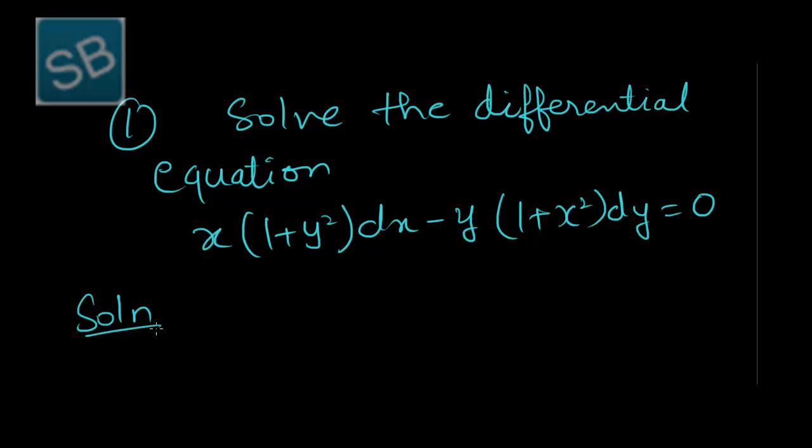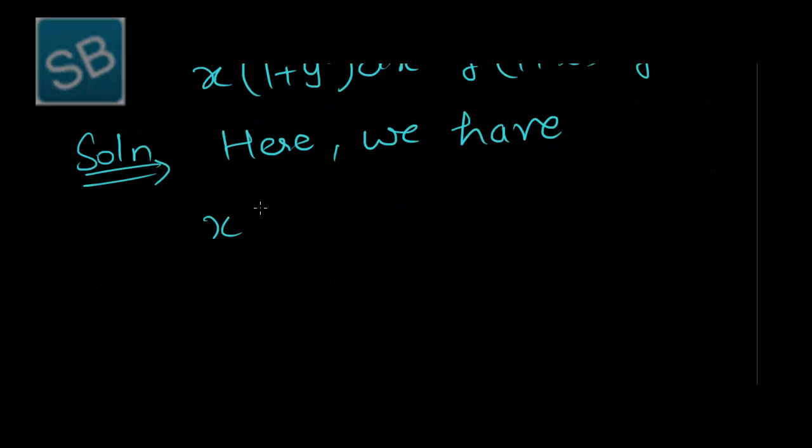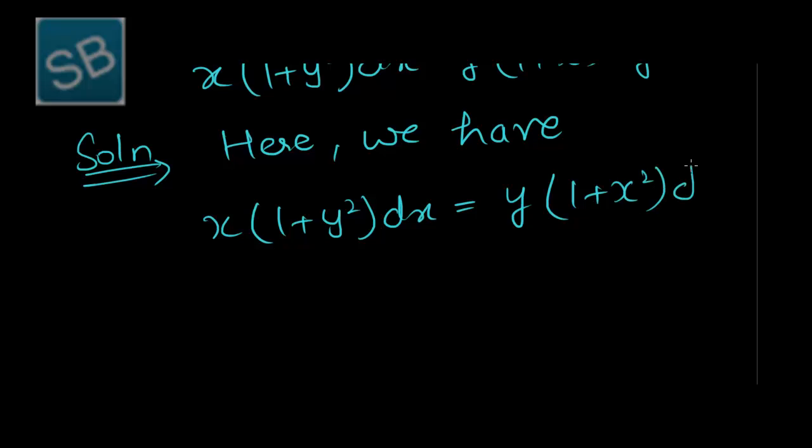Now the solution is, here we have x into 1 plus y square dx. By taking y into 1 plus x square dy on the right hand side, we get this form.